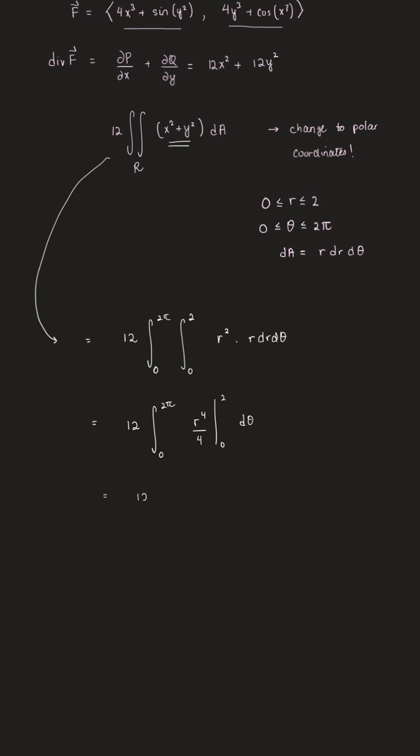And so that's going to be 12 times the integral from 0 to 2 pi. 2 to the 4th is 16. 16 over 4 is 4. Right? So that's 4 d theta. And so that's going to be 48 theta from 0 to 2 pi, or 48 times 2 pi, which is 96 pi. So this is the flux of the vector field through our curve.